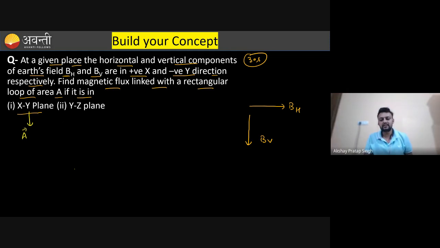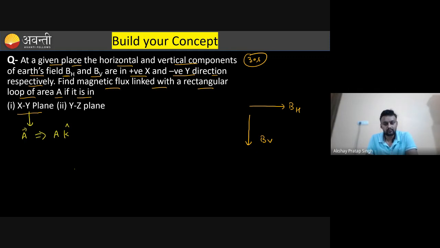Everybody will say the area vector, with magnitude A, will be in the Z direction, perpendicular to the plane. That is K cap.